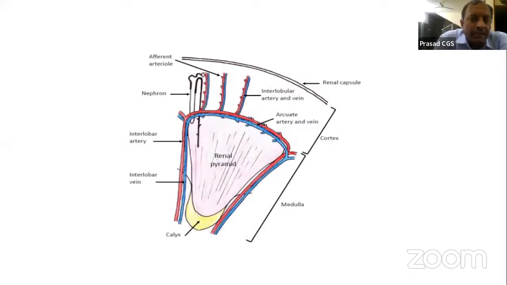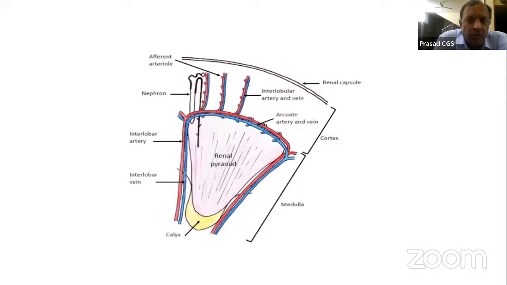Coming to the actual blood supply, the renal artery enters the kidney at the hilum and divides into the interlobar arteries. At the junction of the cortex and medulla, they arch, forming the arcuate arteries. These give rise to the interlobular arteries, which in turn give rise to the afferent arterioles.